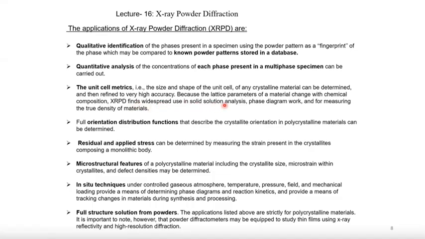So when we have a solid solution phase diagram, and measuring the true density of materials, we can do these by powder analysis. Orientation distribution functions, we can find out the crystallite orientation in polycrystalline materials by powder diffraction. Residual and applied stress, we can measure the strain present in the crystallites.